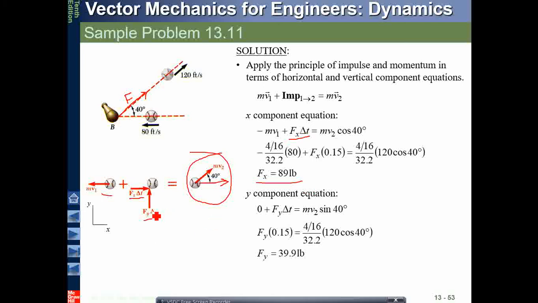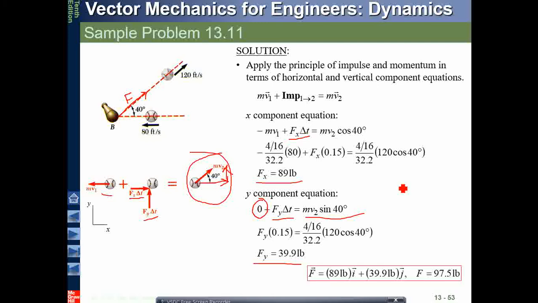There is no Fy momentum component before, so 0, plus Fy delta t, equal to mv2 sine 40 degrees. Solve for Fy.